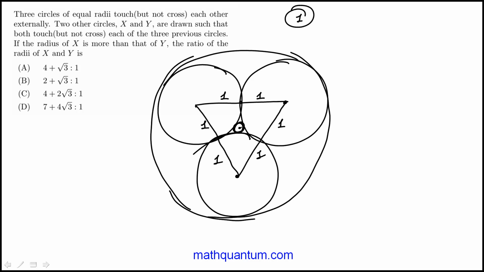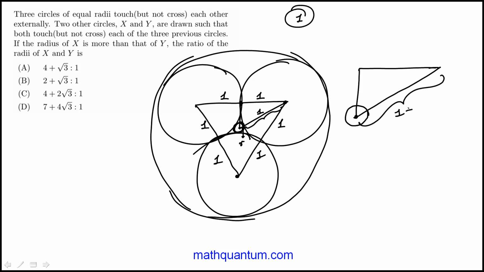Now if I connect that to this center, this is 1 from here to here, and I'll call this radius R. So if I just look at this right triangle, which would be from this point of tangency to the center of that small circle, so maybe if I draw it like that, this length is 1 plus R, and that's 1.